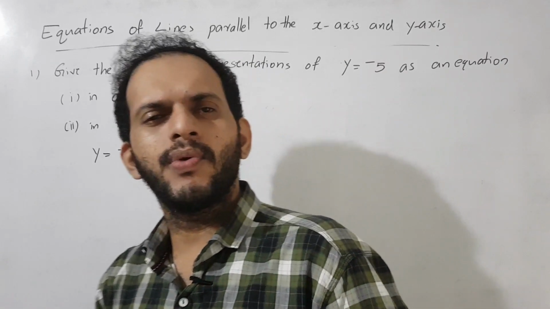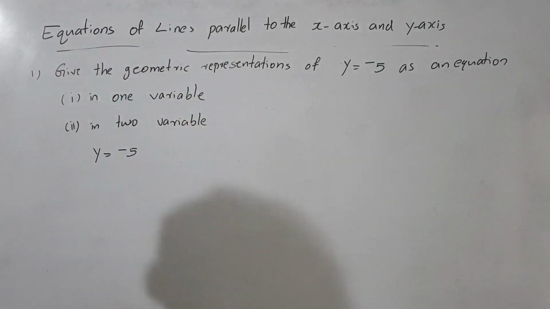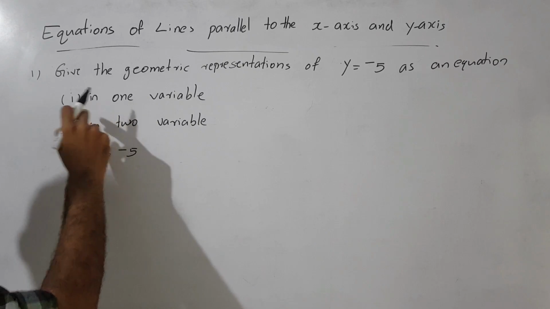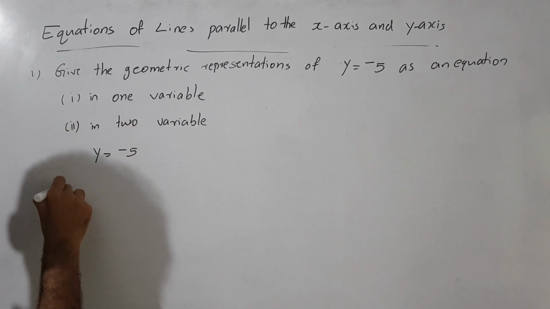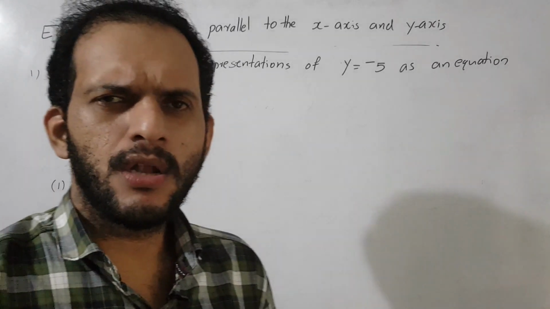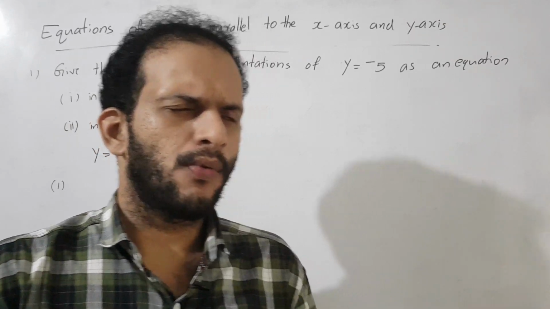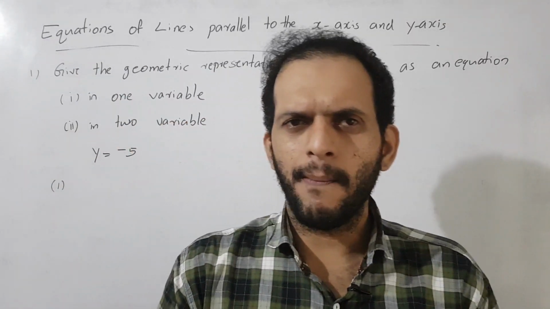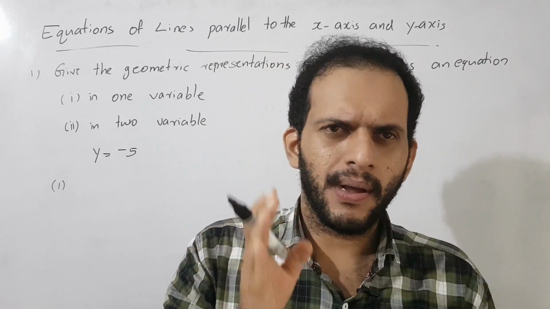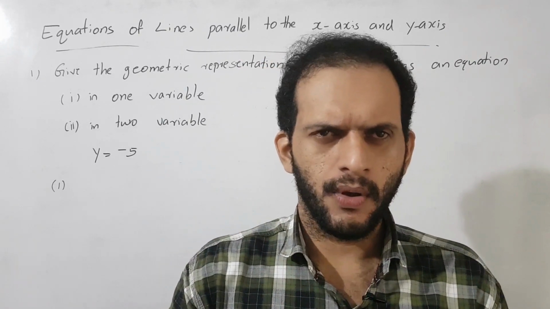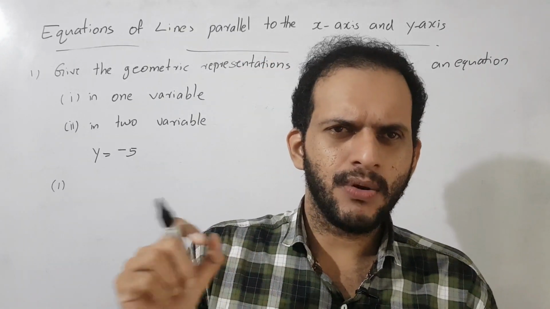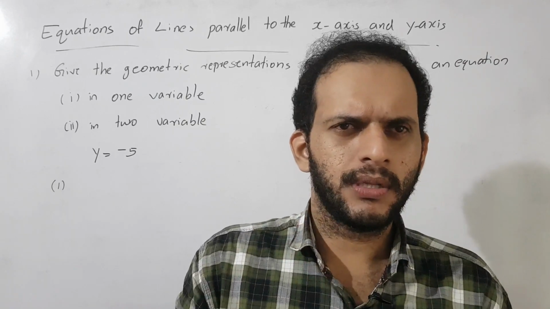Okay, so how do we write the solutions? First we are representing the first one. The first one needs to represent y is equal to minus 5 on a number line. That means we need to draw a number line and represent it on it. Then we have two options.